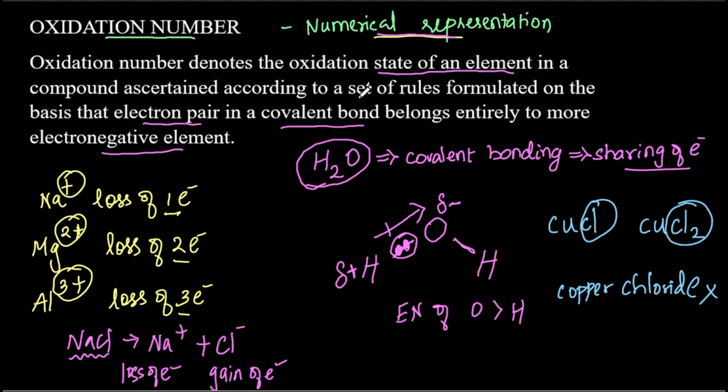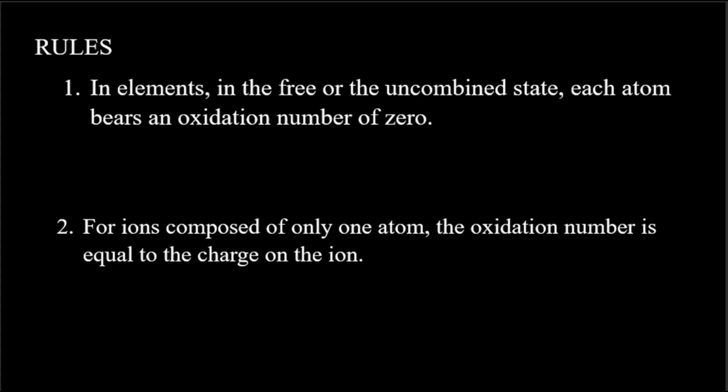So there is a set of rules for the oxidation number. Let us see that. The first rule of oxidation number is, in elements in the free or uncombined state, each atom bears an oxidation number of 0. So see the difference between sodium and the sodium ion. Already we told Na plus is a cation.